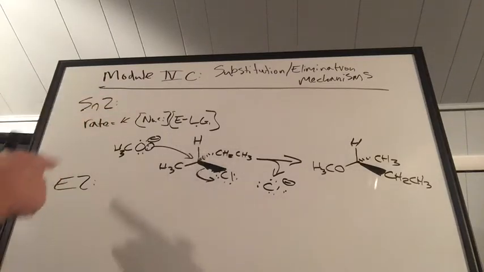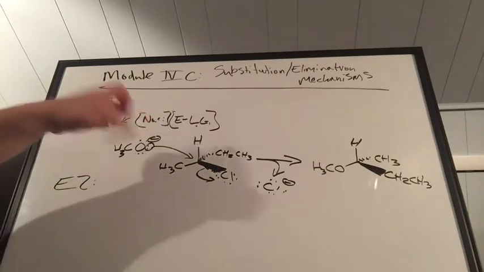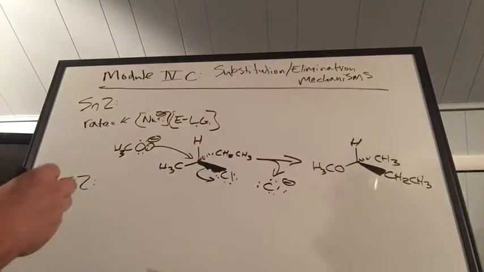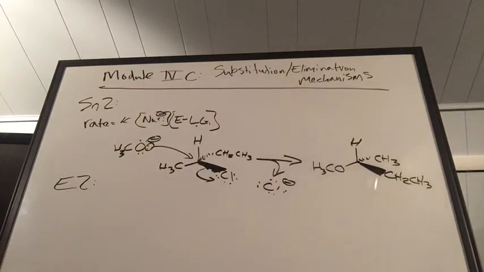So really the rate is going to be equal to k times, instead of nuke, you're going to have a base concentration. Okay, so these are going to generally occur under basic conditions, right?